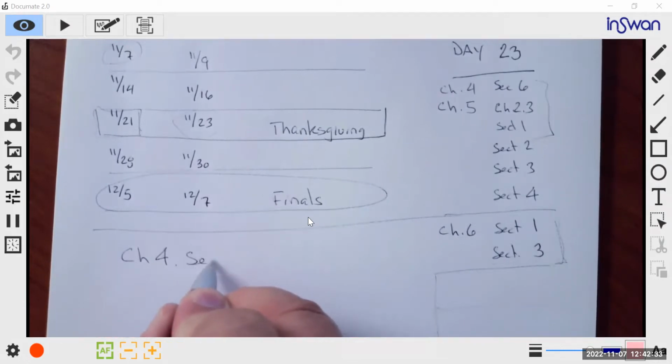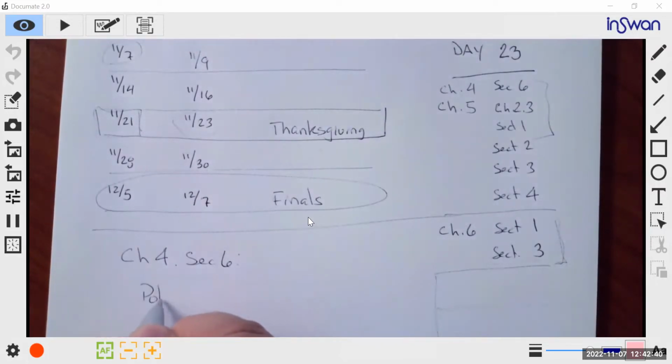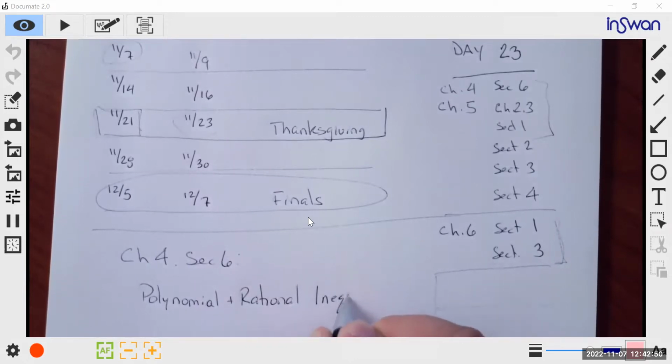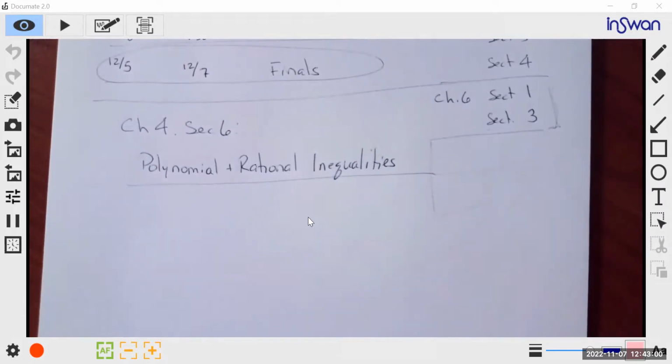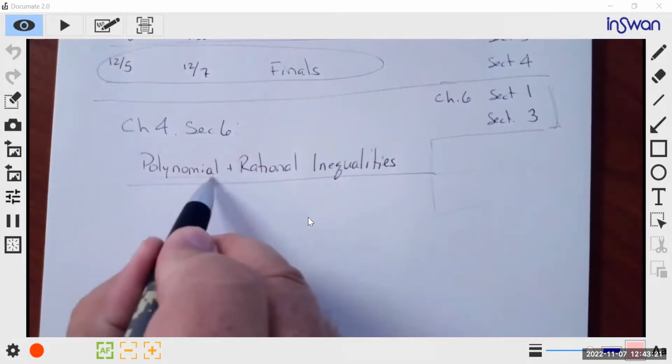Chapter 4, section 6. Polynomial and rational inequalities. All right, so we'll look at polynomials first.